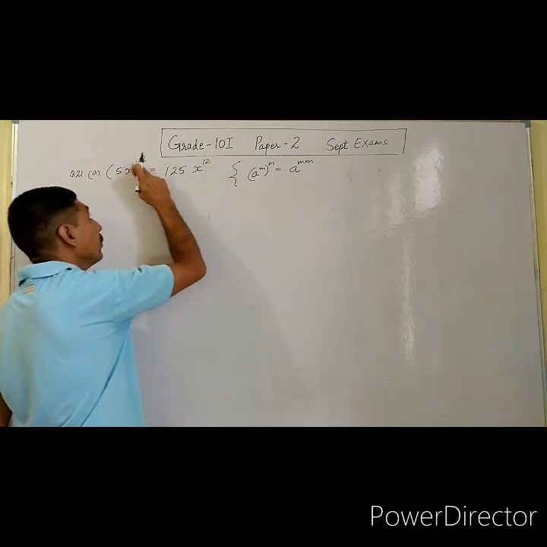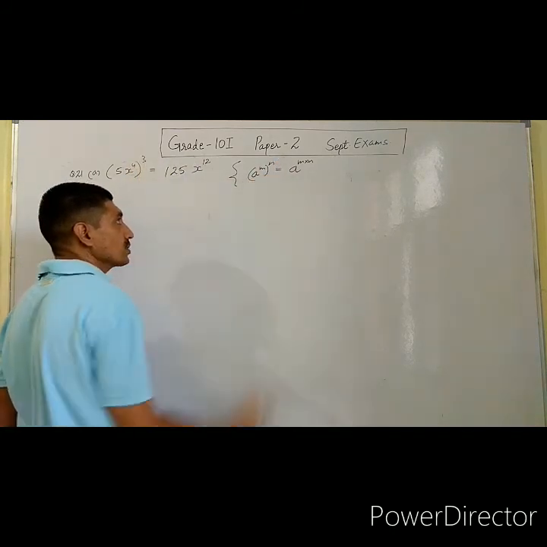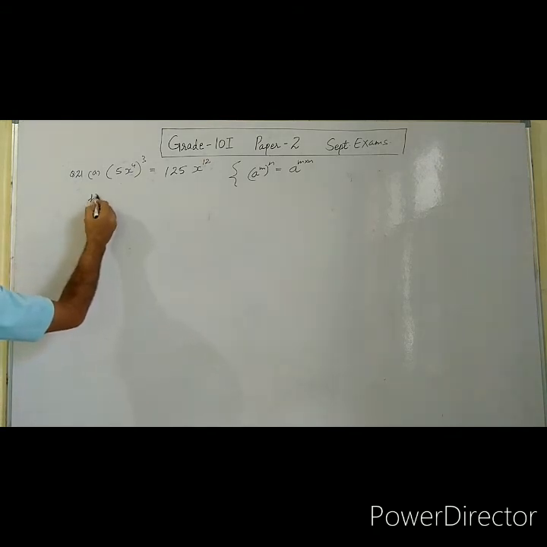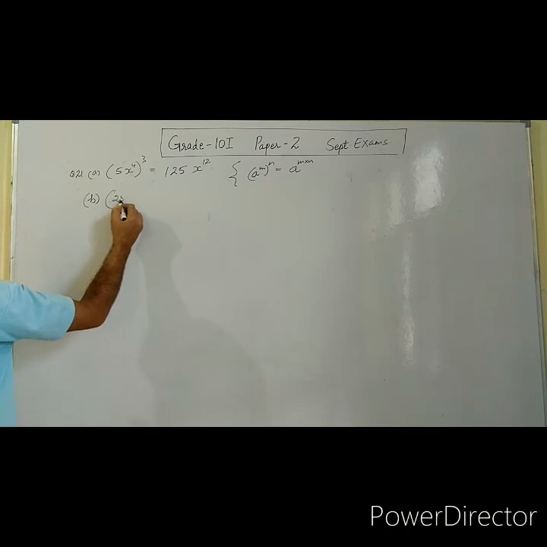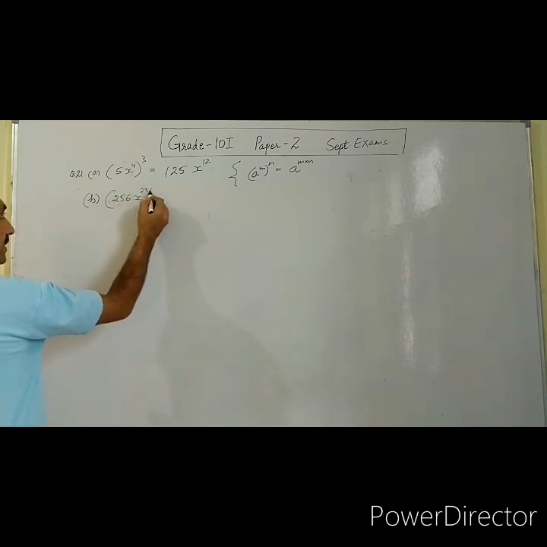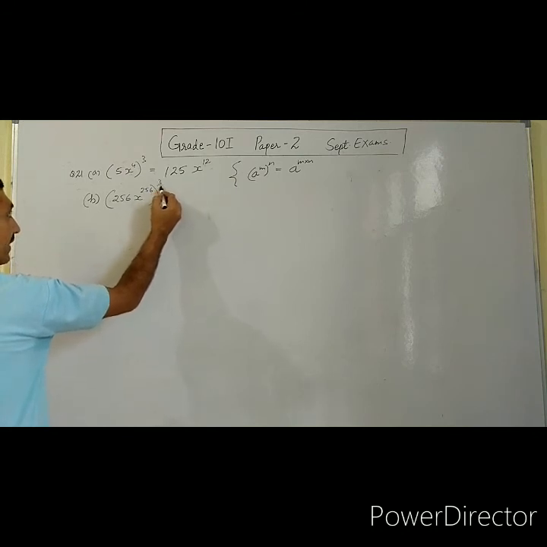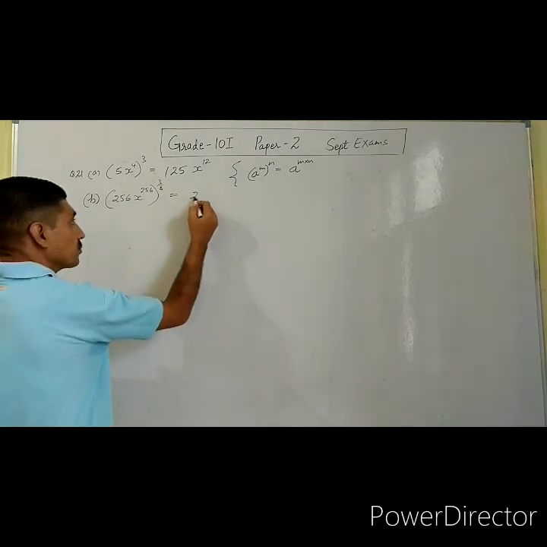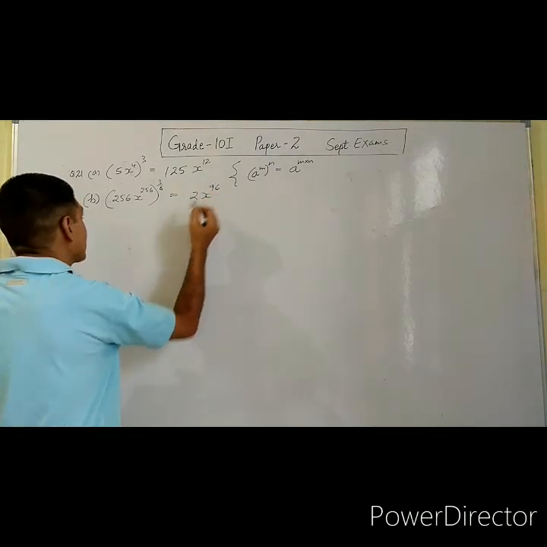So here 4 into 3, that is 12. So this is the first part. And in B part, that is 256 x raised to power 256 raised to power 3 by 8. So here after solving we get 2 raised to x raised to power 96.